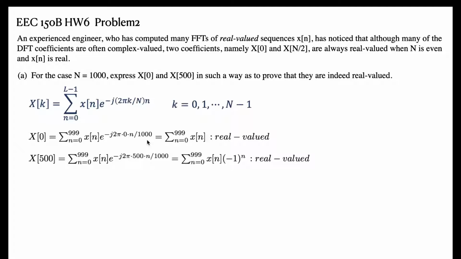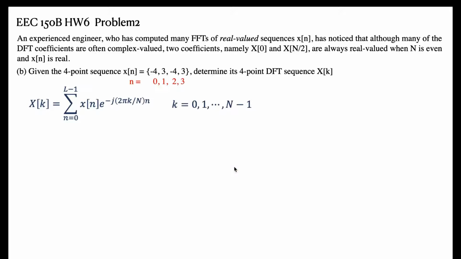And for X[500], you will get the sum of x[n] multiplying with (-1)^n. Both X[0] and X[500] are real-valued because the problem statement has given you that x[n] are real-valued sequences. So when you sum up real-valued sequences, you will still get real-valued results.